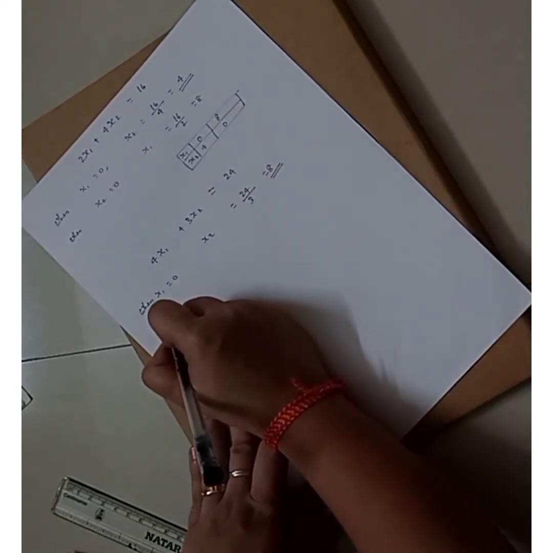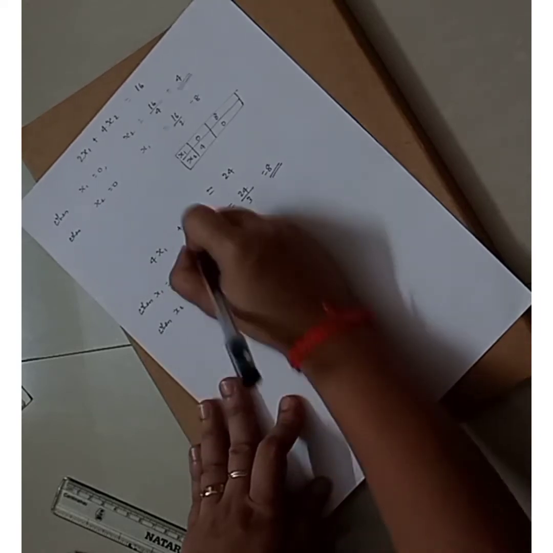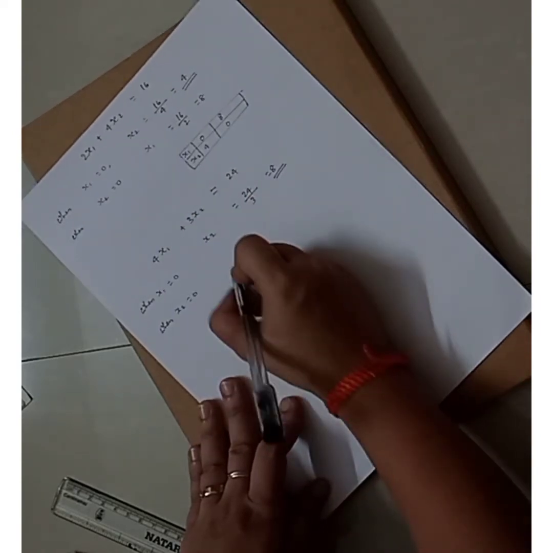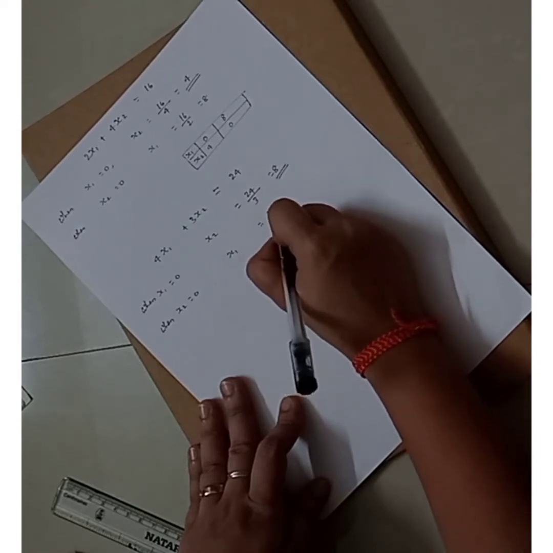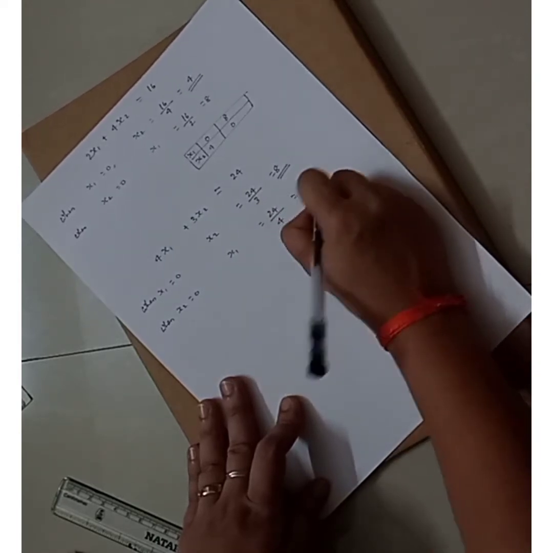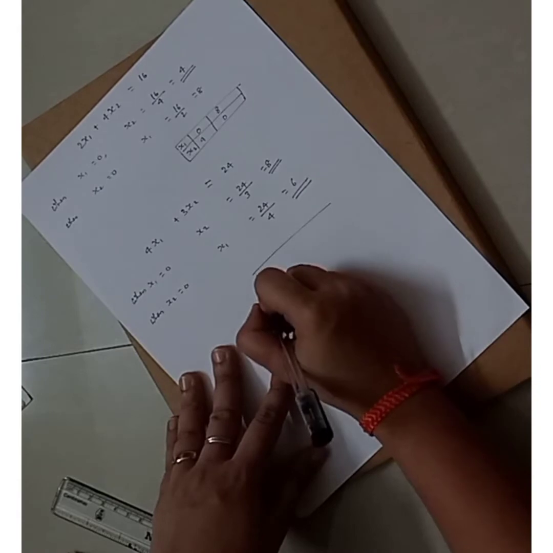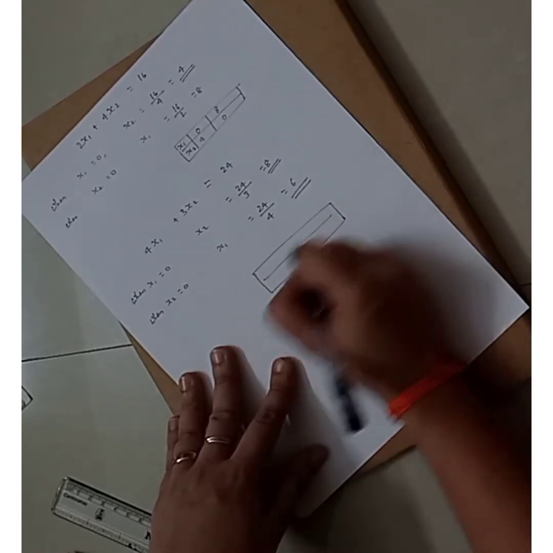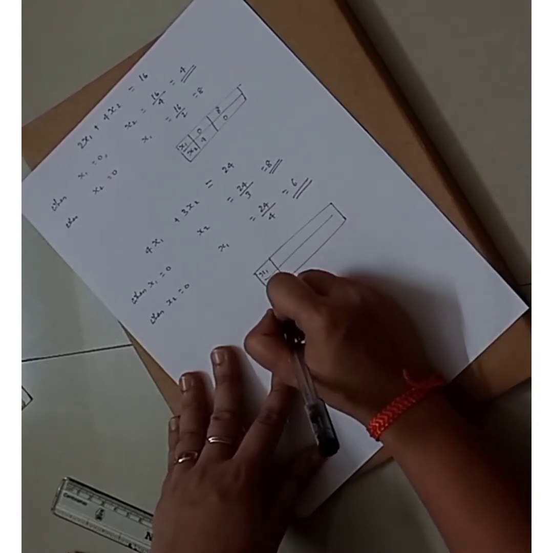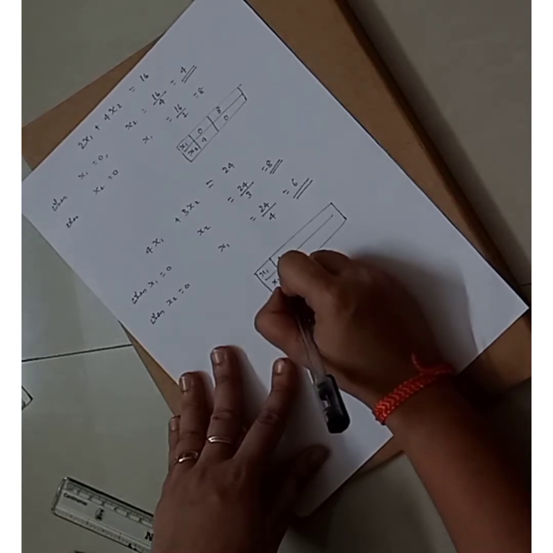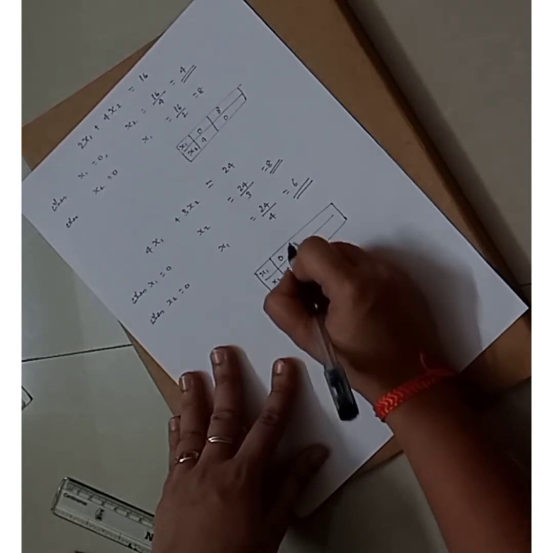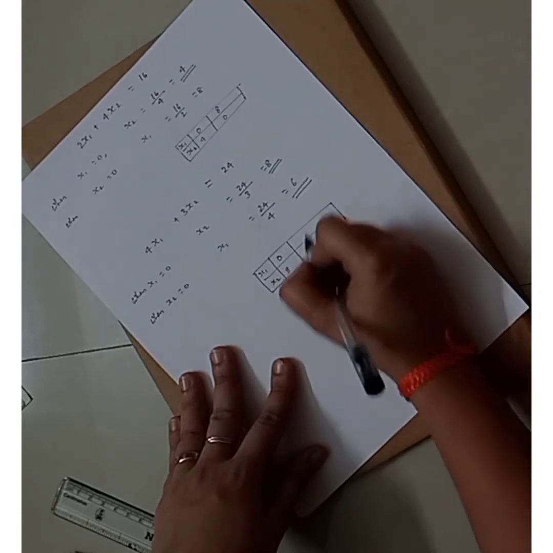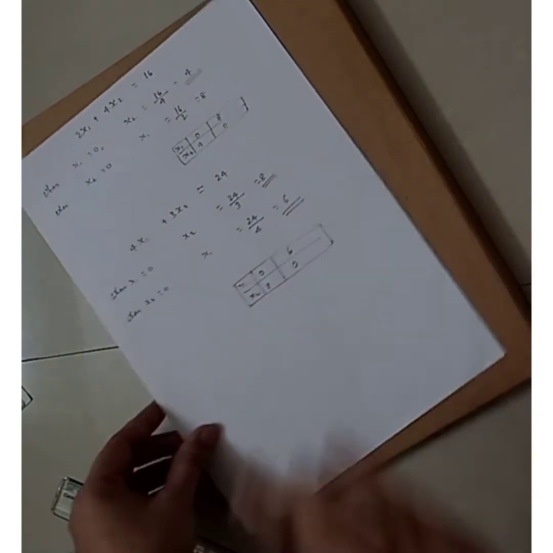Similarly, when x2 is equal to 0, x1 will be 24 by 4, that is 6. So now I have two points: when x1 is 0, x2 is 8, and when x2 is 0, x1 is 6.